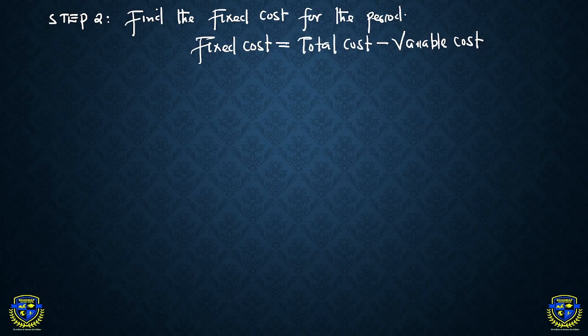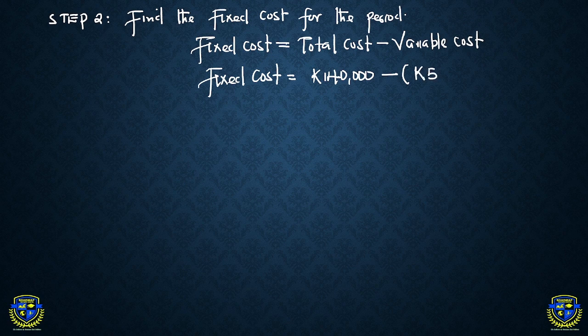So in this case, we are going to say that our fixed cost is equal to the total cost there, which was 140, minus, what's our variable cost per unit? The variable cost per unit was 5 kwacha. Then you multiply by the number of units, which is 17,000 in this case.